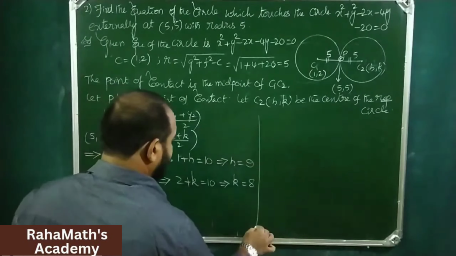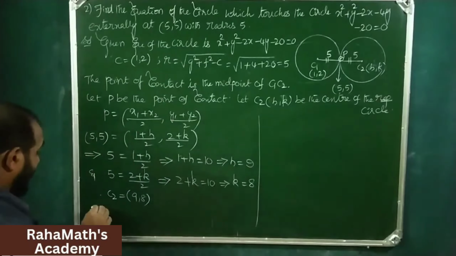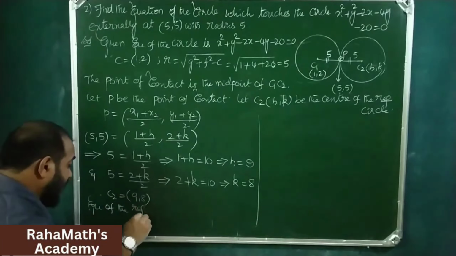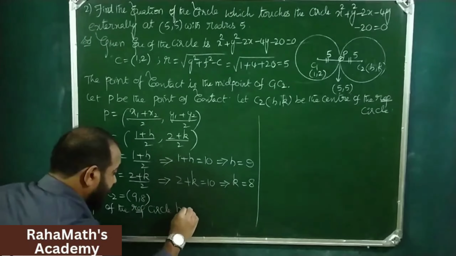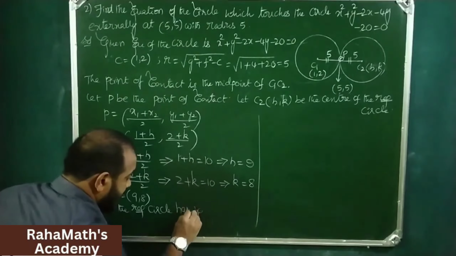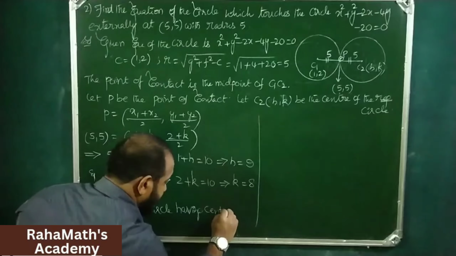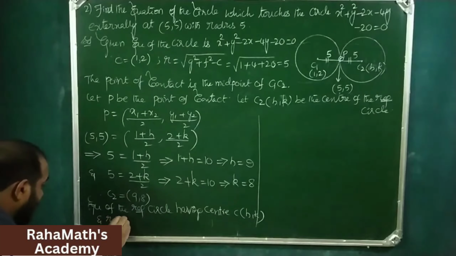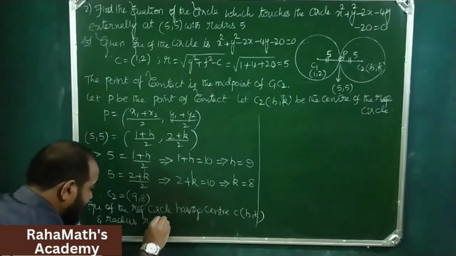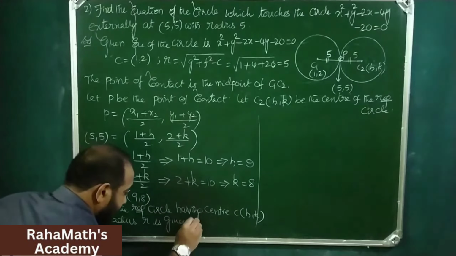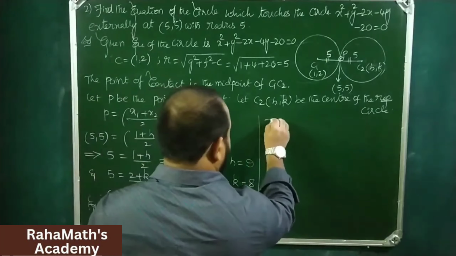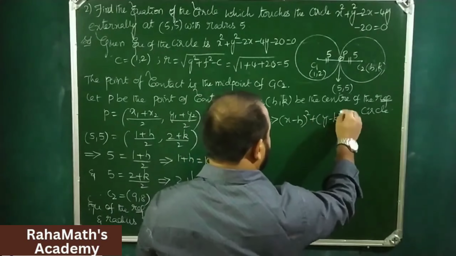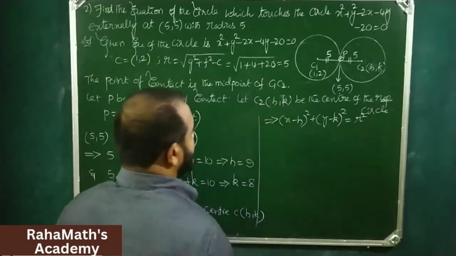Therefore, the equation of the required circle having center C h comma k and radius r is given by x minus h whole square plus y minus k whole square equals r square.